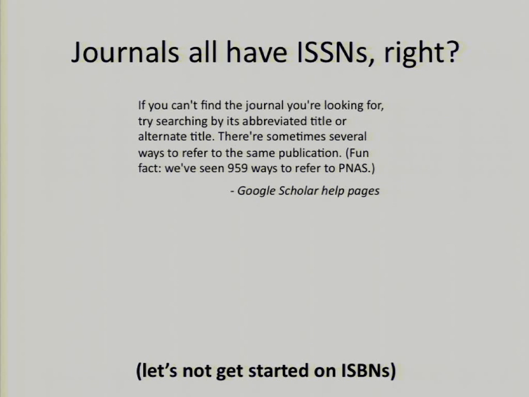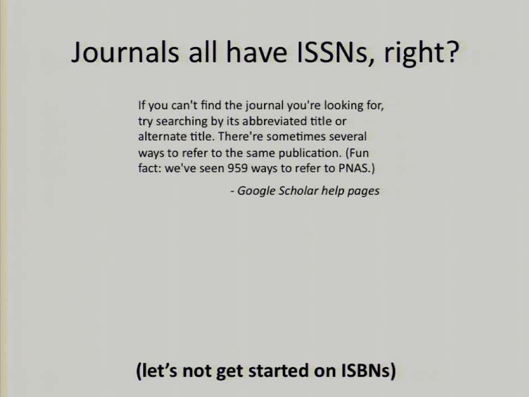And a good way of scoping the problem, I guess, is if you think, so Google Scholar, let's say they have access to a large data set. They've got a lot of data from publishers who just want to be in the system. And even so, this is in the Google Scholar FAQ, I think the one for that journal ranking table that Greg showed before, and it points out that it's actually really difficult to disambiguate journals.